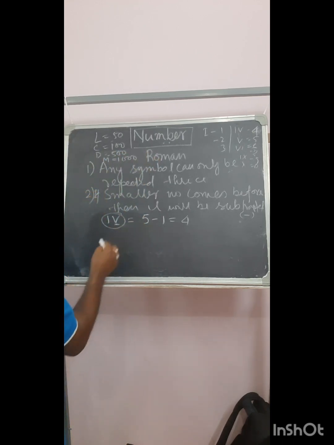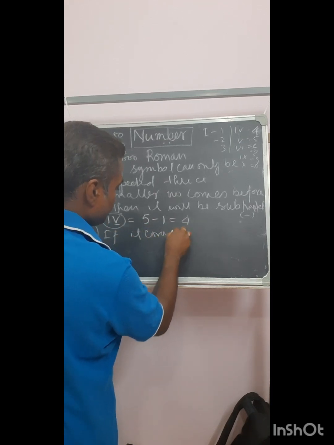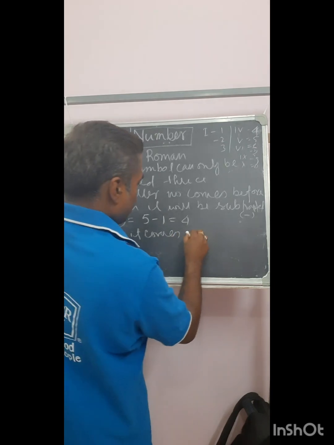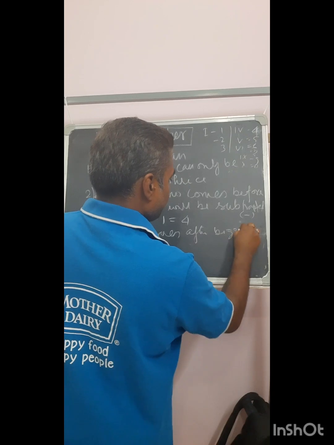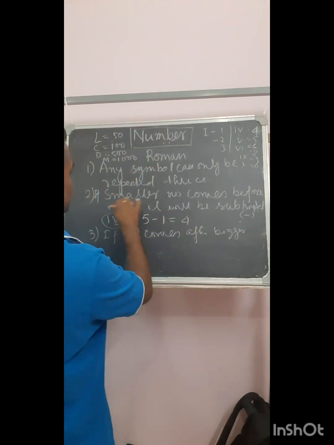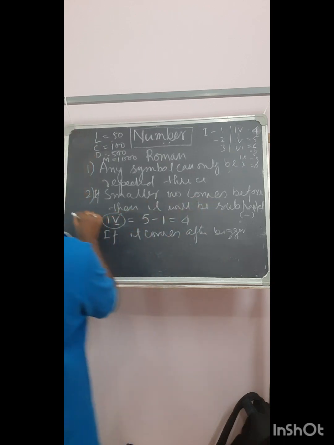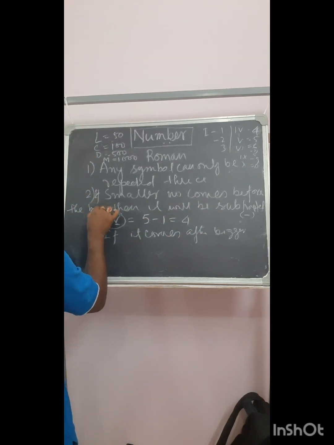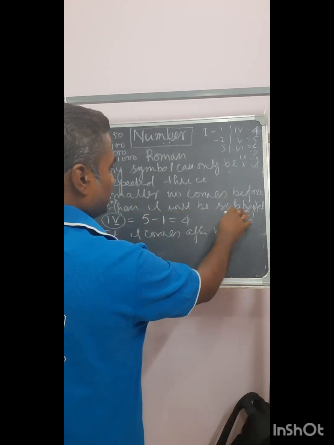Now come to the next property, which says that if a smaller number comes before a bigger number, it will be subtracted.